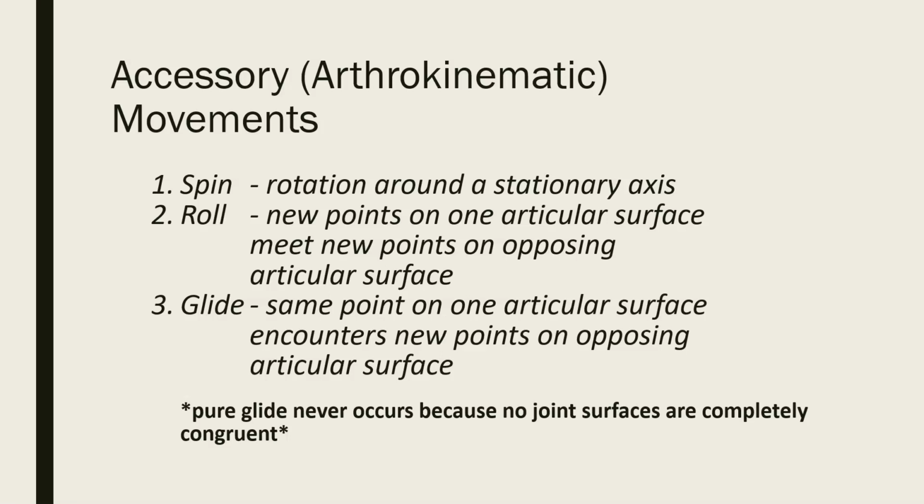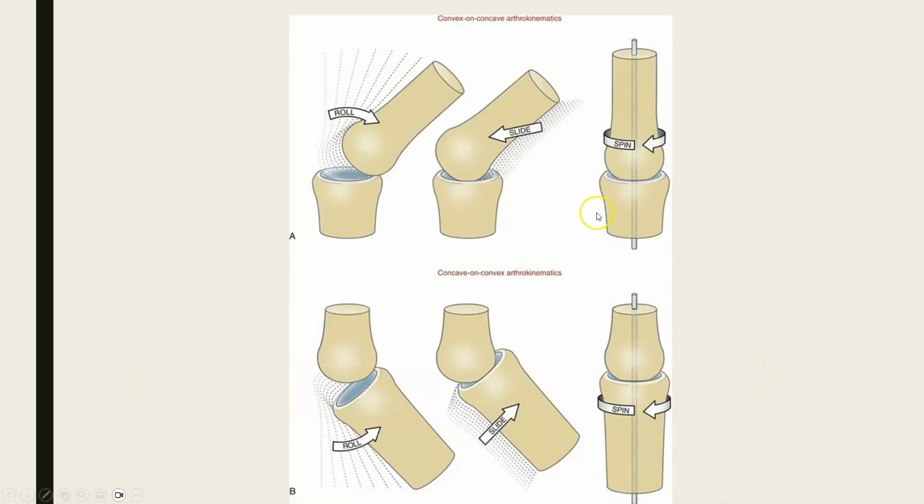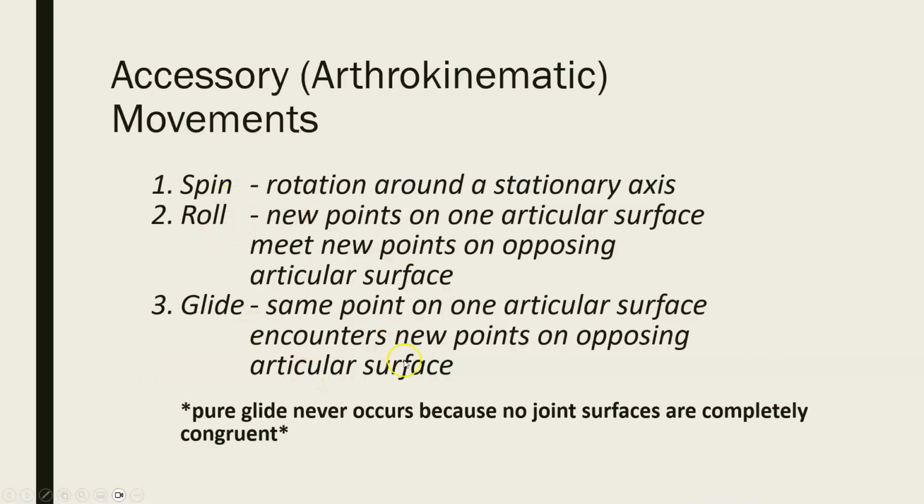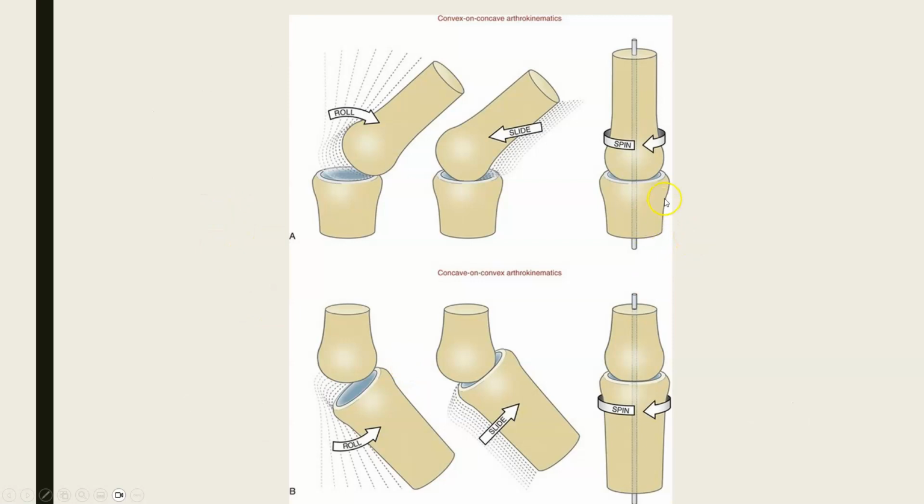You've grabbed the ball, and as you're sliding it along, the ball's surface is not changing, but you are encountering new points on the tabletop as you're moving or gliding the ball along the tabletop. So we can see here that when we're looking at this spin, roll, and glide, we've got roll happening here. So if we think of two bones in this articulation, this bone is rolling along on top of this one.